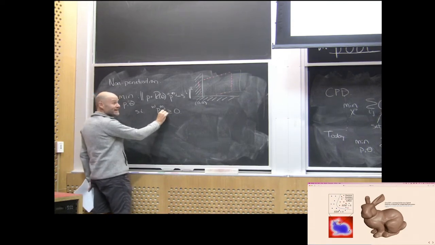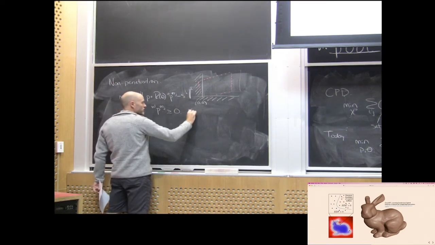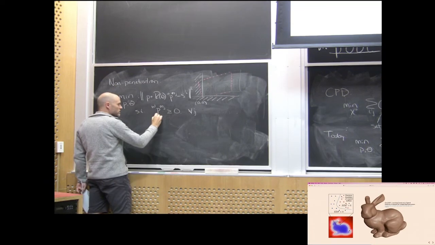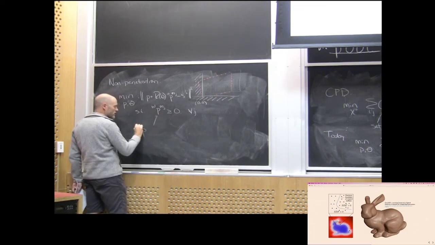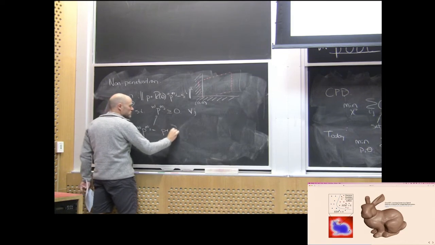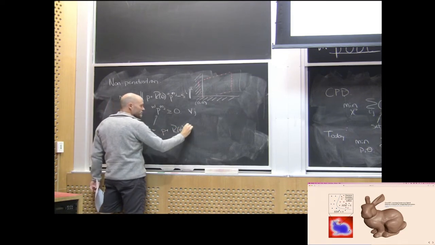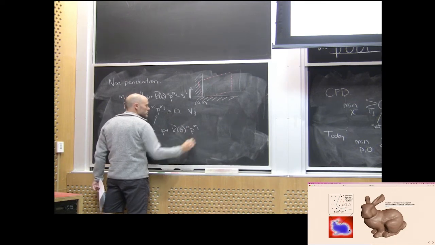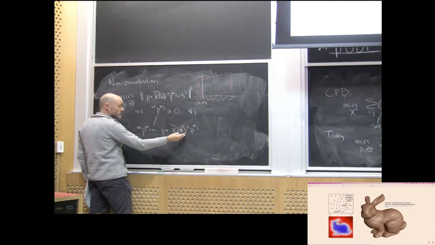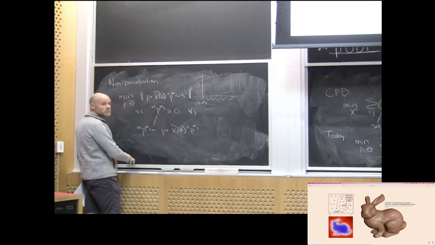This is a non-convex constraint because, if I write that for all j, it's still a function of my decision variables, and it's not a linear function in this case, but we know how to write it.